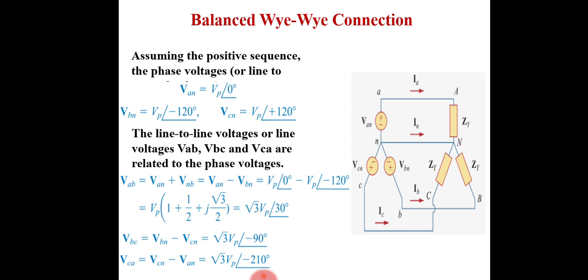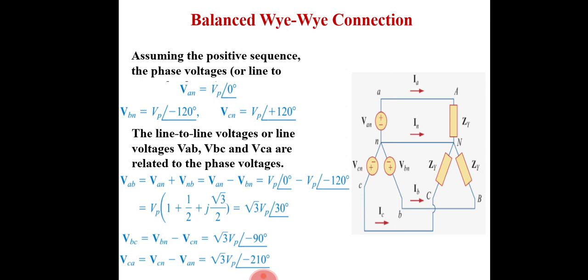This equation is in polar form, so let's convert to rectangular form: VP cos 0 plus j VP sin 0 minus VP cos minus 120 degrees minus j VP sin minus 120 degrees.